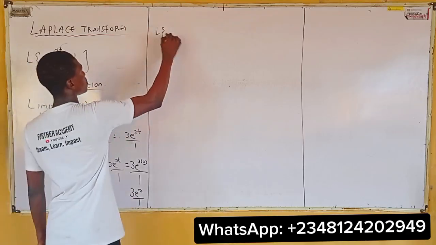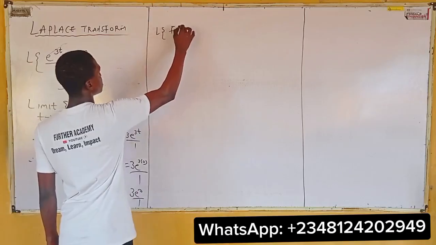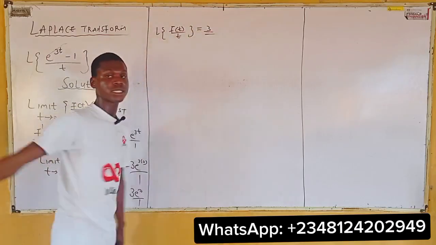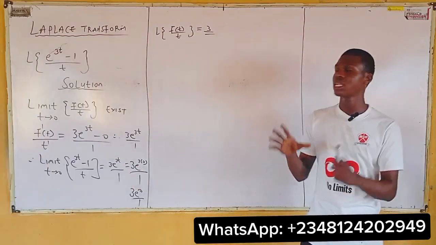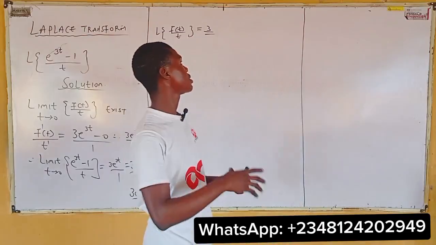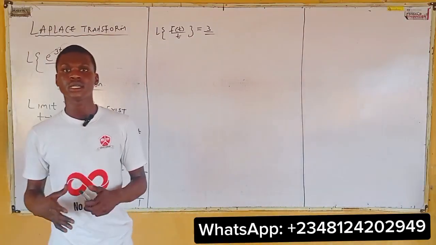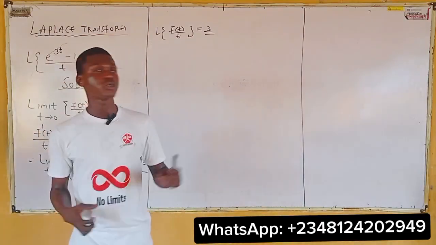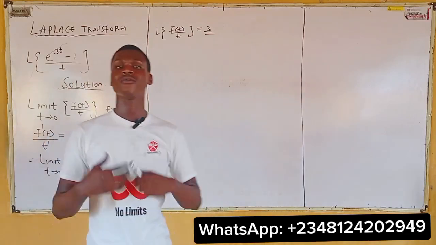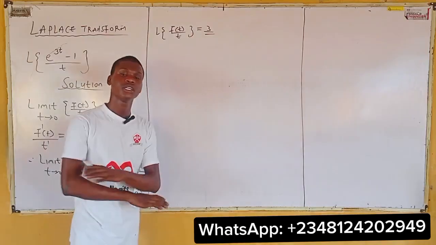Therefore, the limit is equal to 3. That is, given this question, the Laplace transform of f of t over t exists. We were able to know that it exists because we got 3 as the answer. In the case where we have an undefined answer, it does not exist.